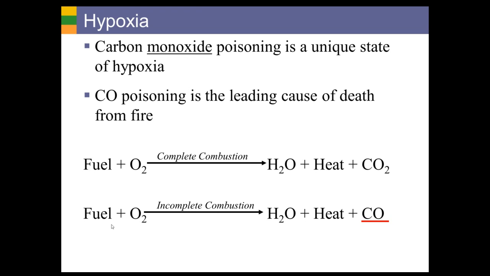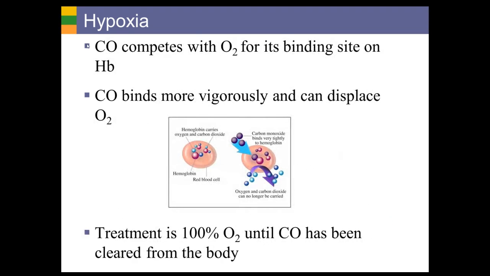And so you have some fuel that is burned incompletely, and you get carbon monoxide released. Carbon monoxide outcompetes oxygen for hemoglobin. Okay, I want to say it's like hundreds of times, actually I think thousands of times, a better binder to hemoglobin than oxygen.